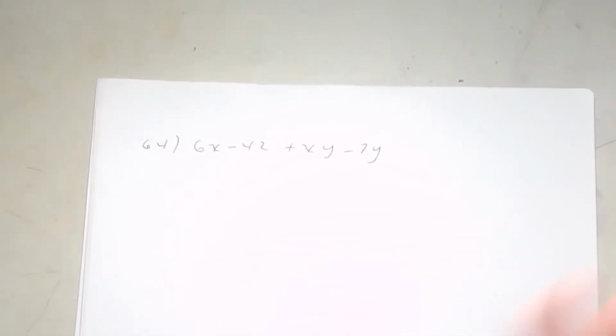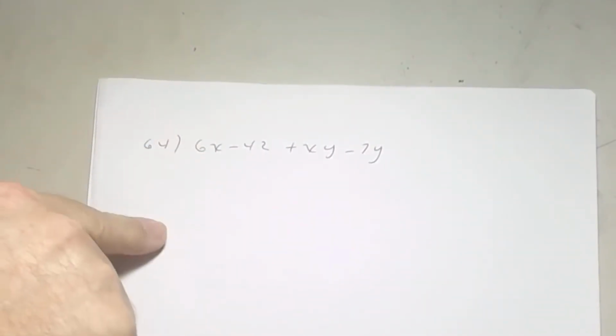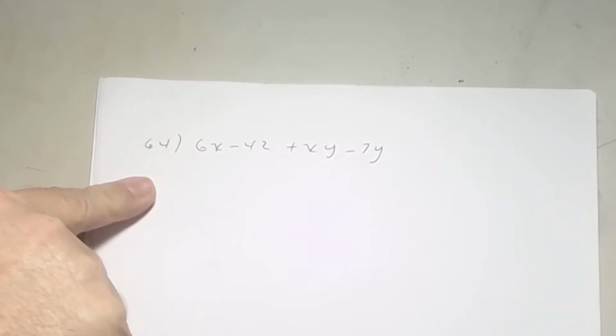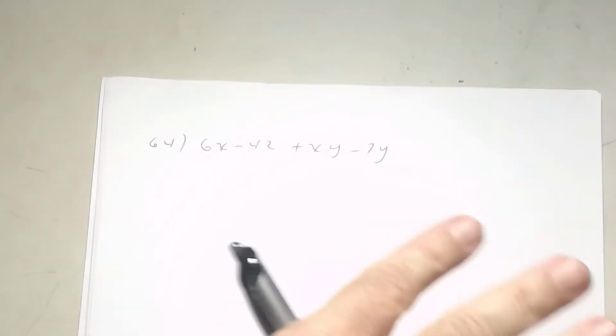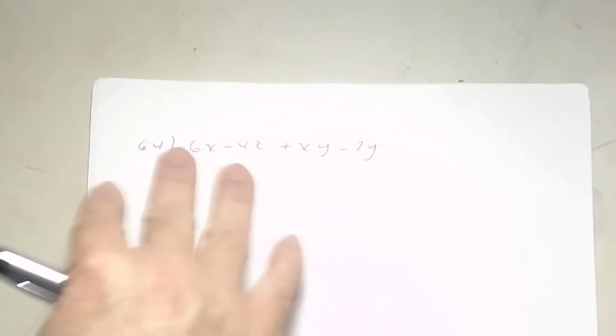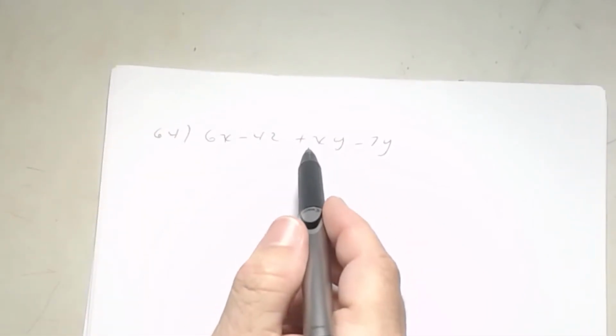Always look at the GCF first. The GCF happens to be 1 in the ones we're doing now, right? But there could be a situation where the GCF would not be 1. You would take that out first. So there are going to be some like that you're going to have to do. But in this case, the GCF is what? 1.